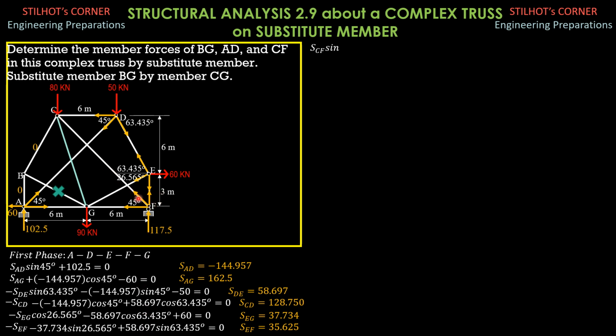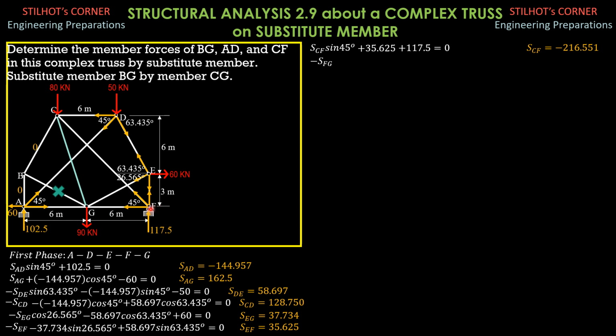So SEF sine 45 degrees plus 35.625 plus 117.5 equals 0. So SEF is equal to negative 216.551 kilonewtons. Summation of forces horizontal equals 0.